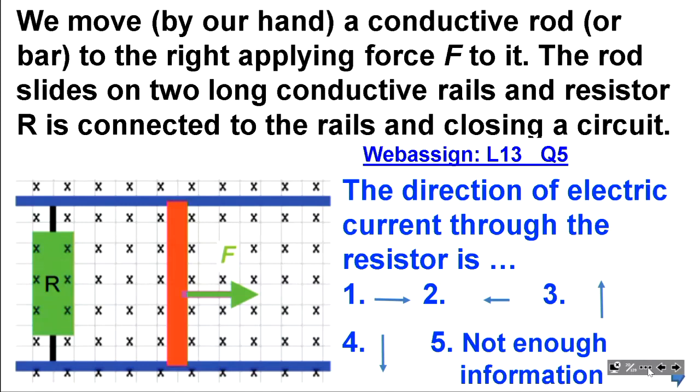Of course, rails are ideal, have no resistance, and the bar has no resistance. If we have any resistance, it's there in that resistor. So direction of electric current through the resistor. To answer that question, first you have to make a statement about the direction of electric current in the circuit. Is it counterclockwise or clockwise? What do you think?